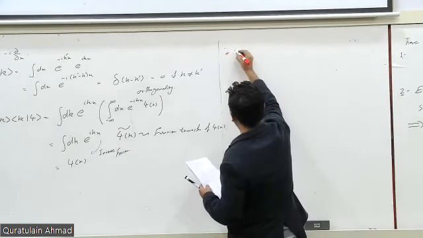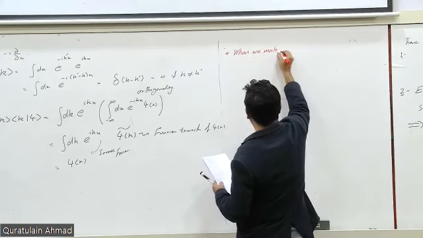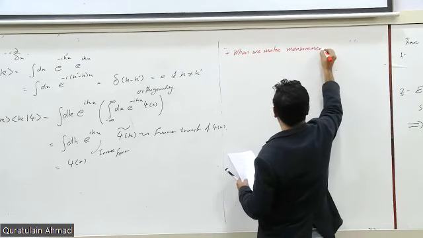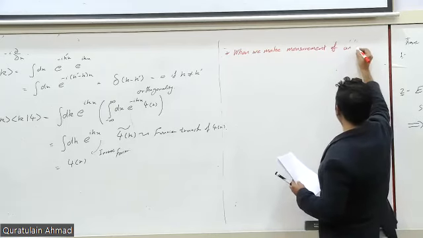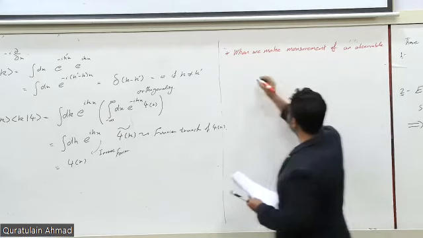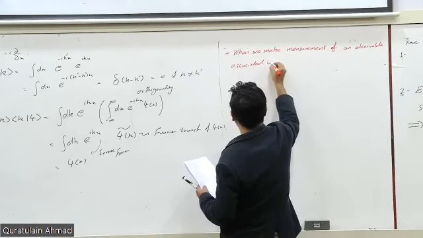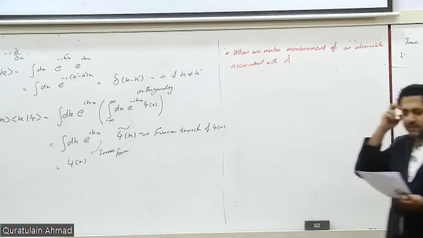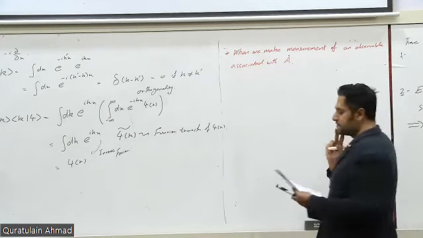So when we make a measurement of this, A hat, which is self-adjoint. Whenever I say observable, there has to be a self-adjoint operator.